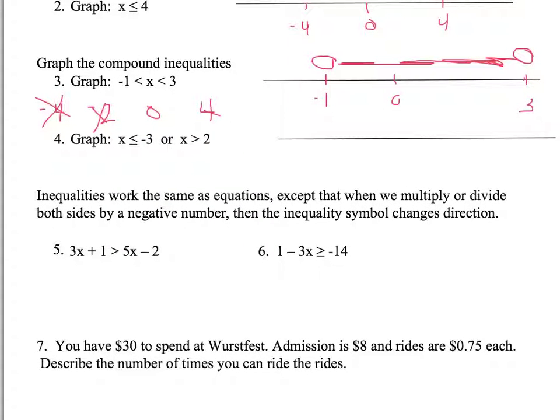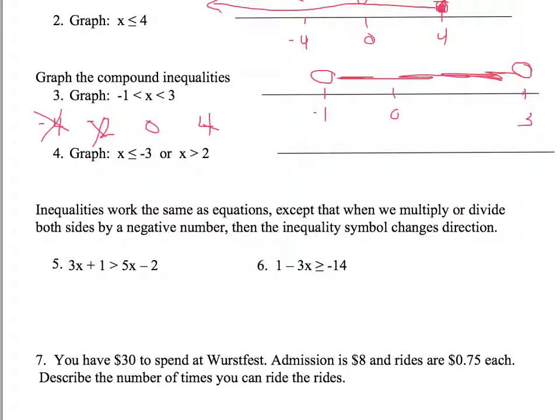All right, example 4. This one says to graph the values of x that are less than or equal to negative 3 or greater than 2. So if I look at my values that are less than or equal to negative 3, that's going to be like negative 4, negative 5, everything to the left of negative 3. And then it's going to be a closed circle. This is what I mean by closed.